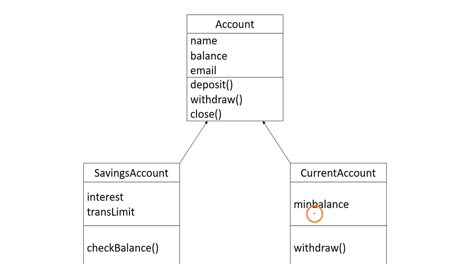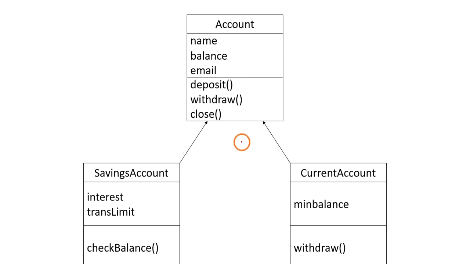Okay, so again, how many properties are there in the current account class? 1, 2, 3, 4. How many methods are there in the current account class? 1, 2, 3, 4. Okay, 4 properties and 4 methods.